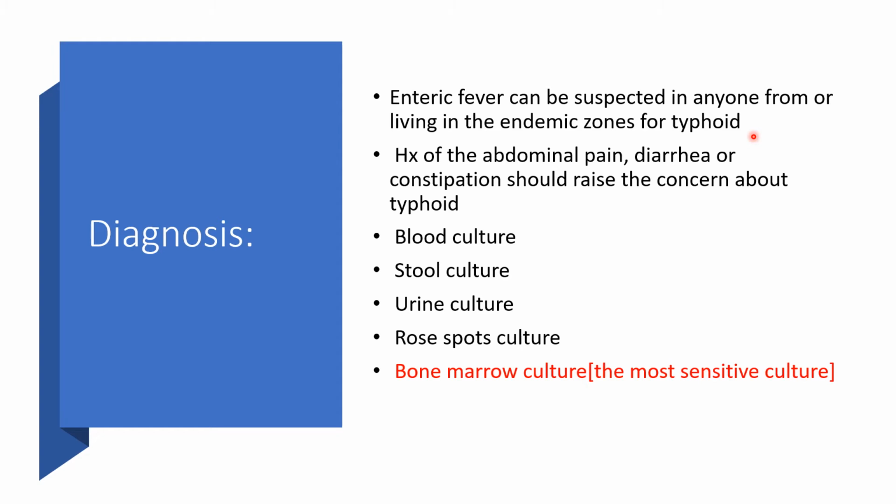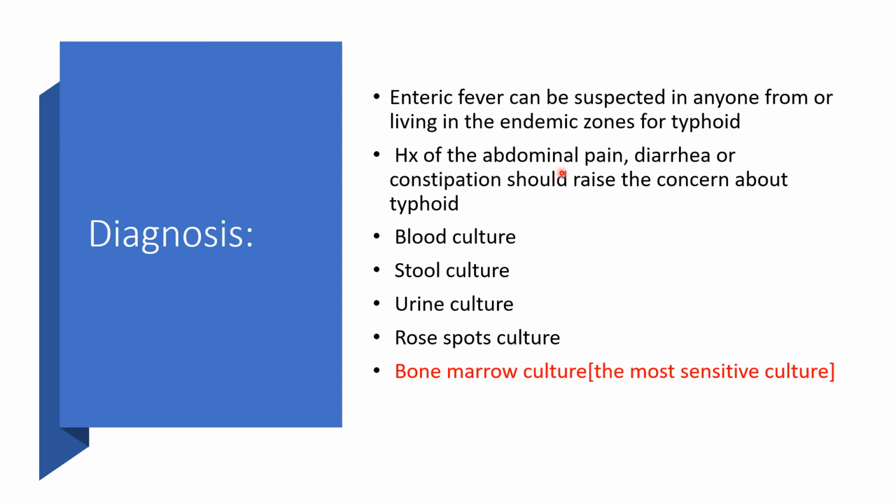High index of suspicion will help, although you might have the gadgets to do the necessary investigations. But some in the endemic zones don't have the gadgets to do all the necessary tests and radiological investigations. So since you are living in endemic zones and the clinical features are presenting the way we've gone through, then you can just make the educated guess that this is typhoid fever.